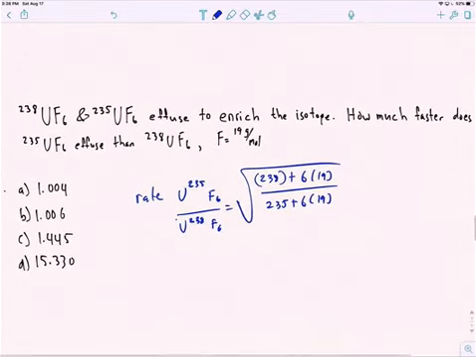You take the square root of that, and you find out that it's 1.004.